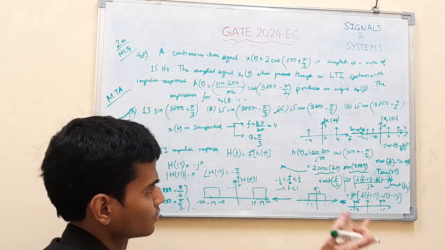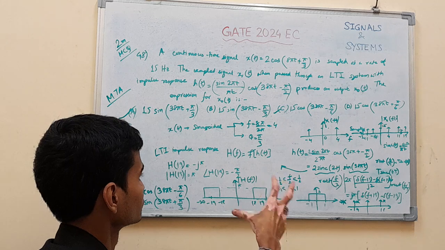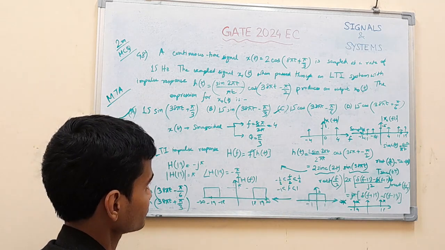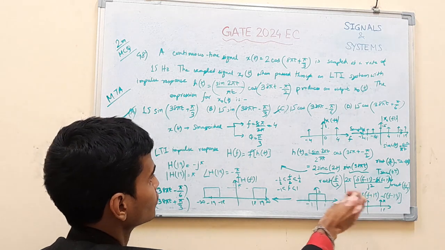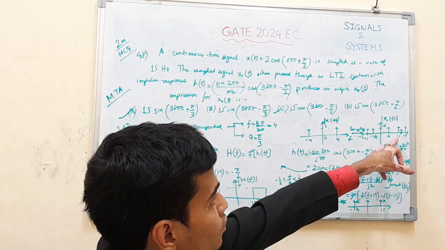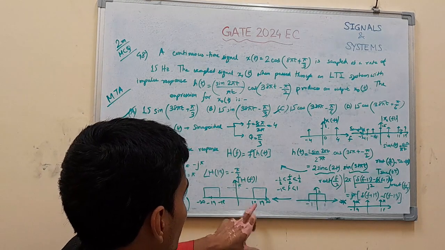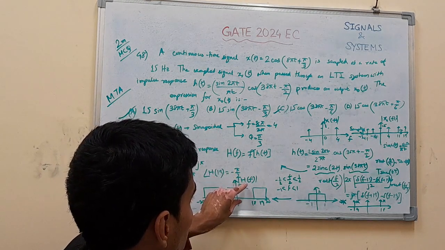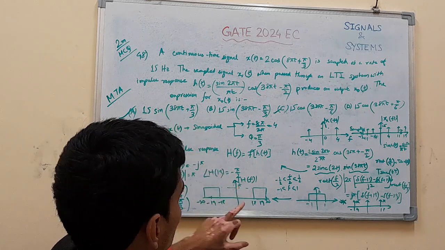Magnitude and phase also we will consider. Now what do we do? Among all the infinite frequencies present, only the frequency at 15 Hz will pass, as you can see from the magnitude response of the LTI system.